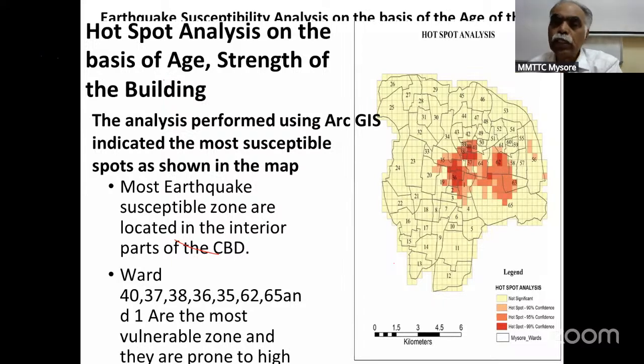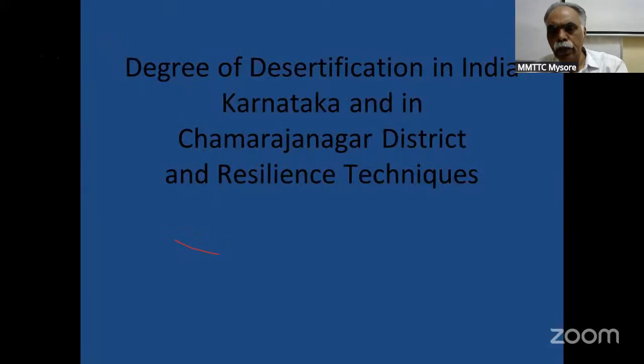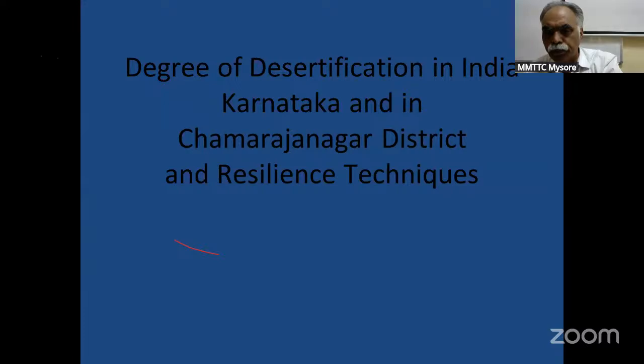We can tell these ward people that their region is more susceptible to earthquake, that the houses may fall, and there will be a lot of death toll. So this is the next level, where we can find the susceptible regions, the hotspot regions.